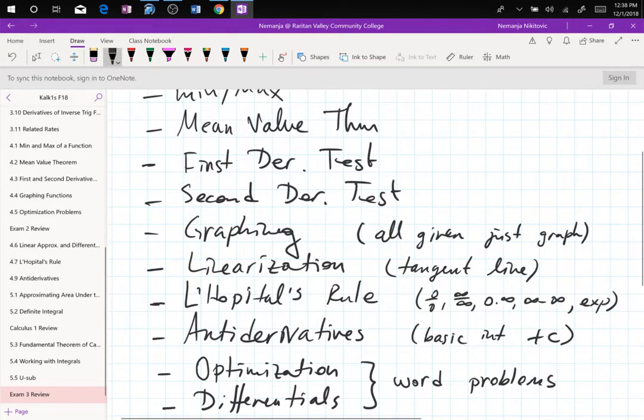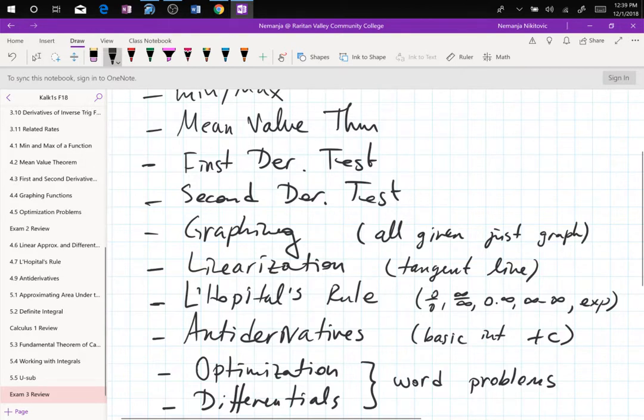X-intercept, Y-intercept, domain, range, the first derivative, second derivative, first derivative test, second derivative test, min, max, all of that stuff. 13 different things to get to graphing. All of those values and asymptotes will be given to you, and you are supposed to just draw the graph.